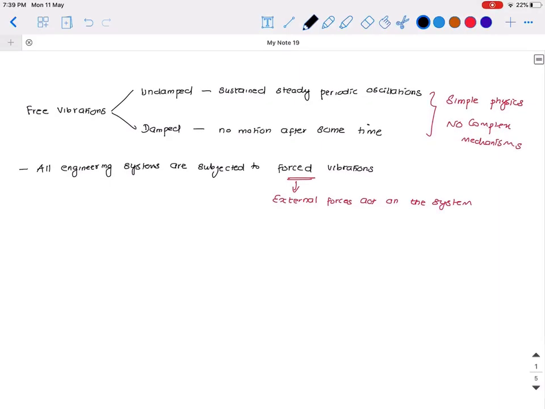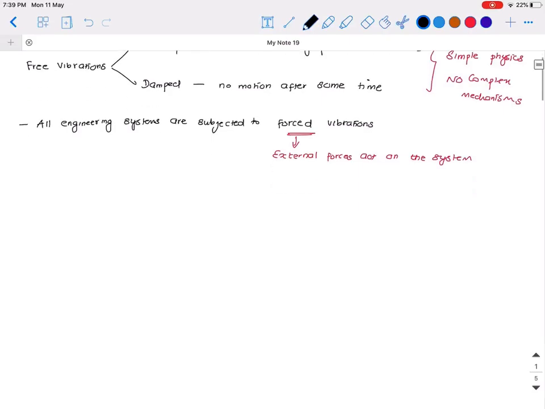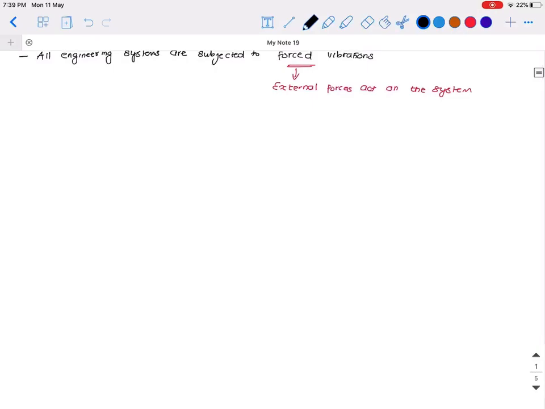We are going to talk about forced vibration and resonance. This is what we are going to discuss in today's lecture. Again, the system we will be concentrating on is a spring mass dashpot system subjected to external force F of t.